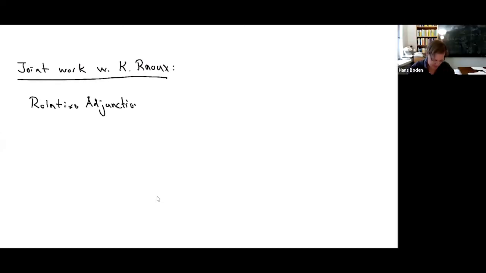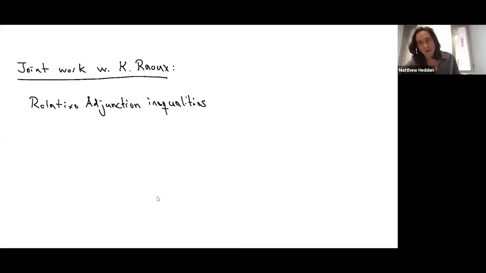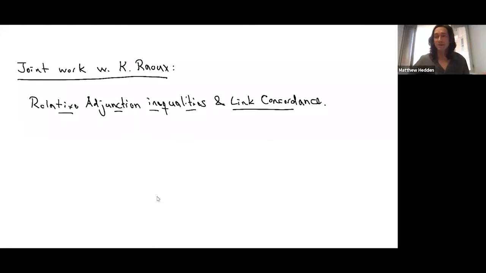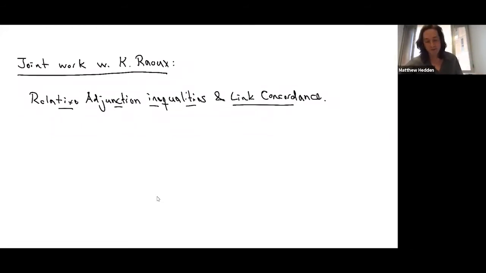And in this context, their role as a tool for studying link concordance, because in light of the theme of the workshop, I'll focus on these aspects of them, whereas in some other talks maybe I'd emphasize some other usages of the relative adjunction inequality.